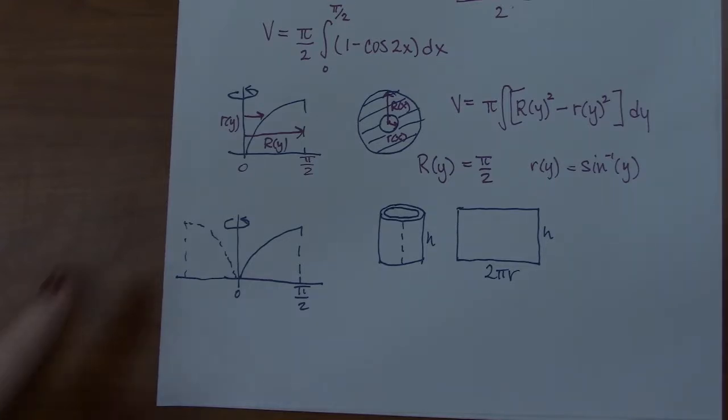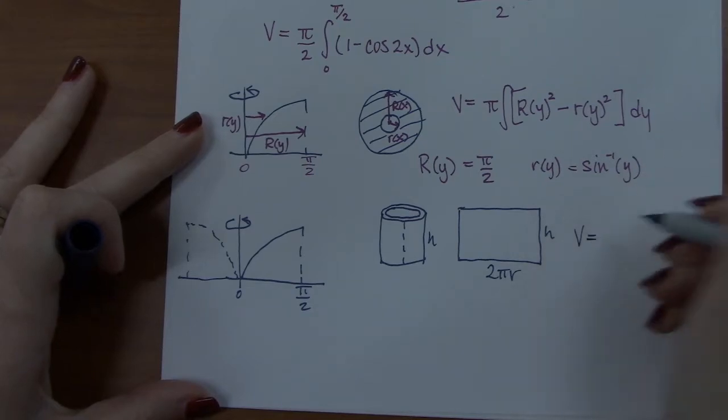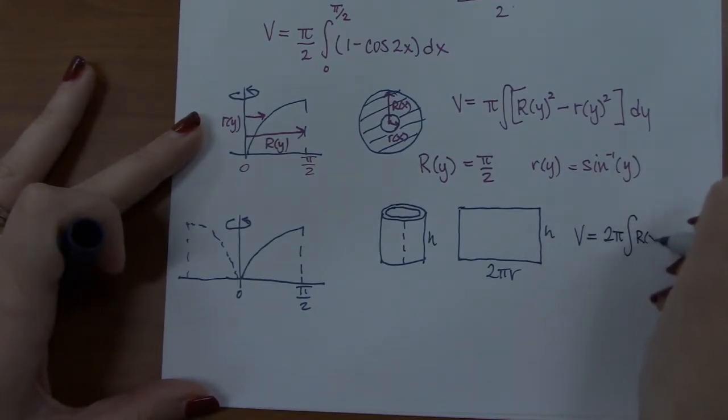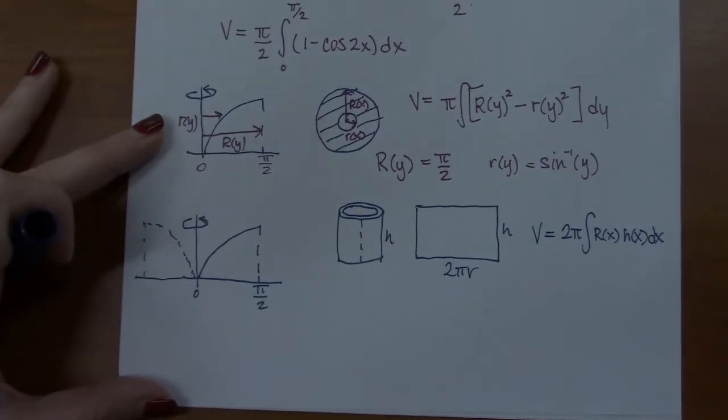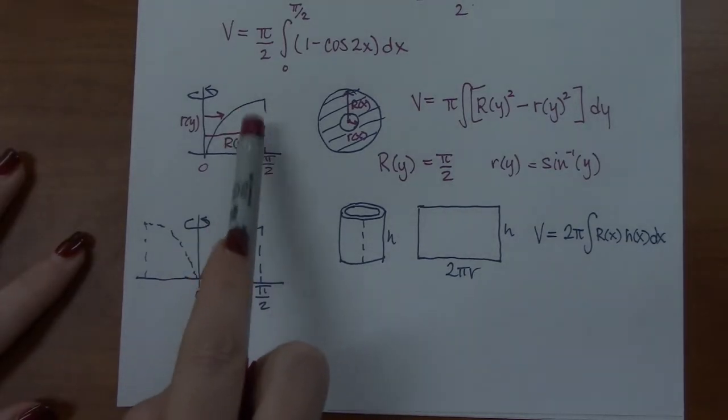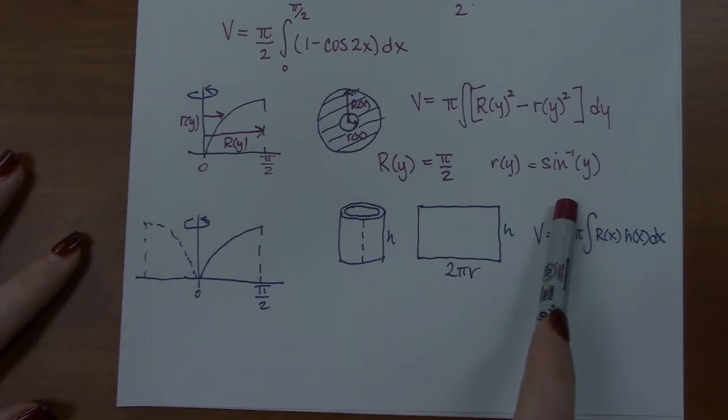So the volume using shells is 2 pi r of x h of x dx. So the radius could sometimes be expressed as a function of x, and the heights can be expressed as a function of x, okay? For this particular problem, we said washer wasn't going to work because we couldn't do the algebra to integrate.